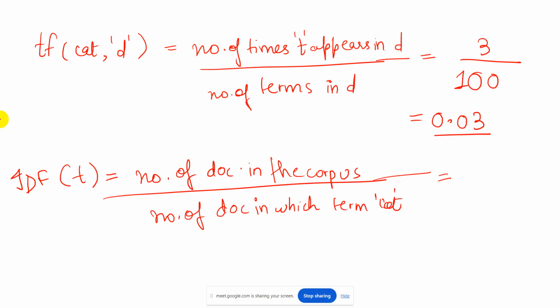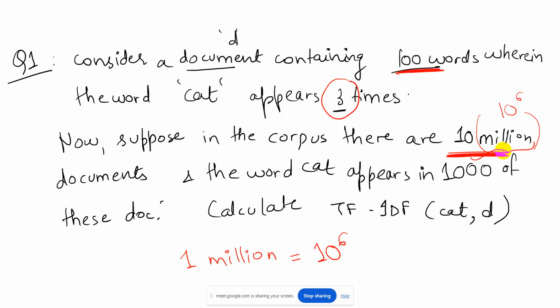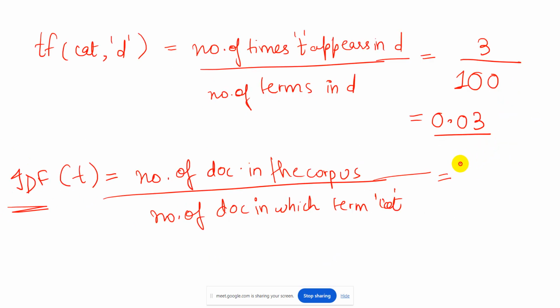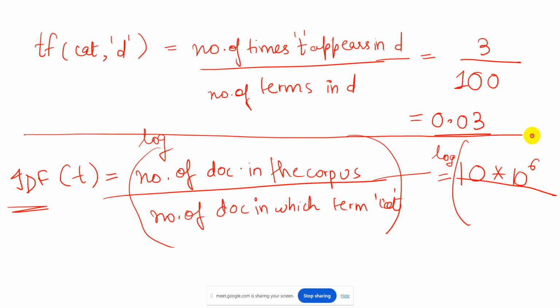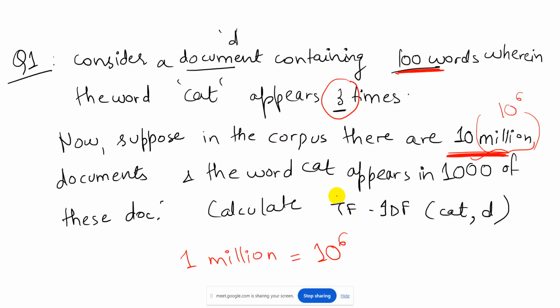Then coming to IDF, the number of documents in the corpus is given in the question to be 10 million. So that is 10 into 10 power 6, and we are supposed to take the log of it. In the formula it is log of number of documents in the corpus divided by the number of docs in which the term cat appears. So the word cat appears in 1000 of these documents.